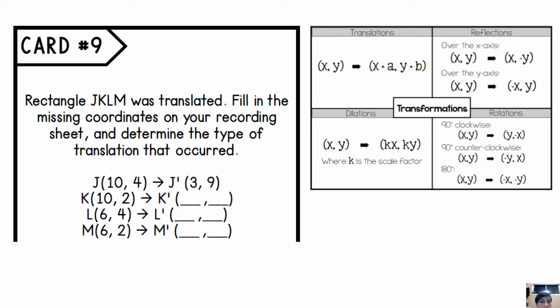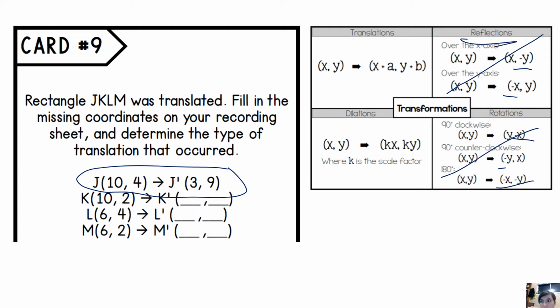All right, rectangle JKLM was translated. Fill in the missing coordinates on your recording sheet and determine the type of translation that occurred. Well, I'm looking here at J. Nothing happened with the signs, so I can cross this out because look, you have to change the sign there, change the sign there, change both the signs.